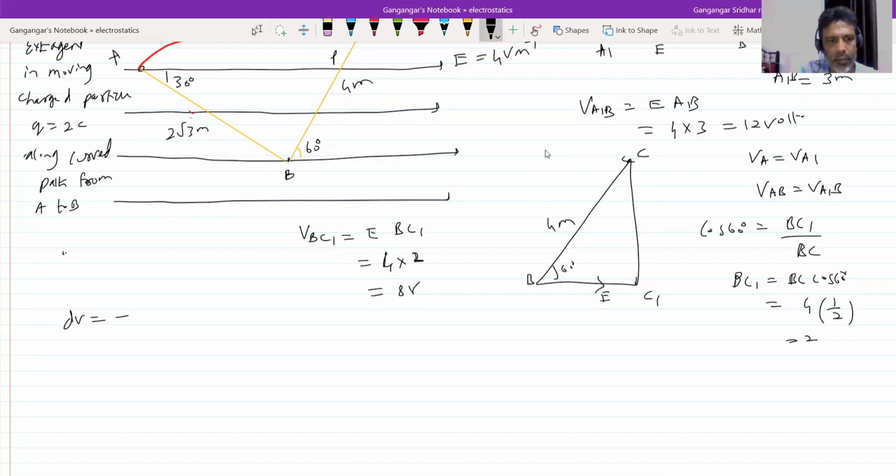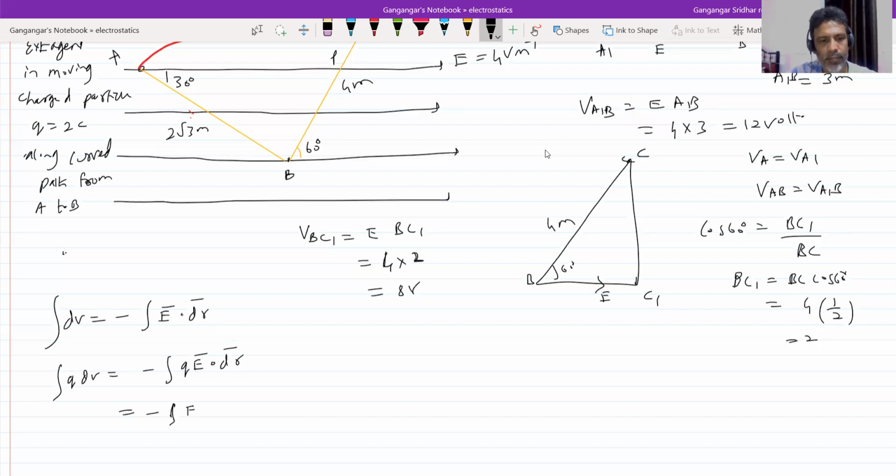We know dV equals minus E bar dot dr bar. I will multiply charge on both sides. What is Q into E? Q into E should be the force, no? And Q into dV. What is the basic definition?